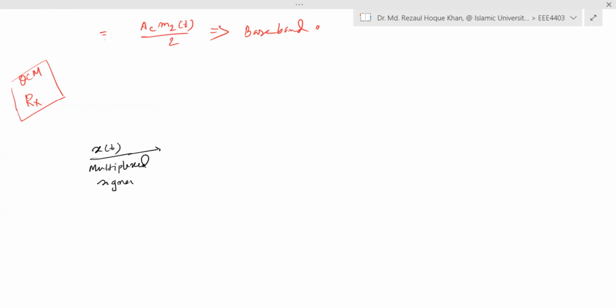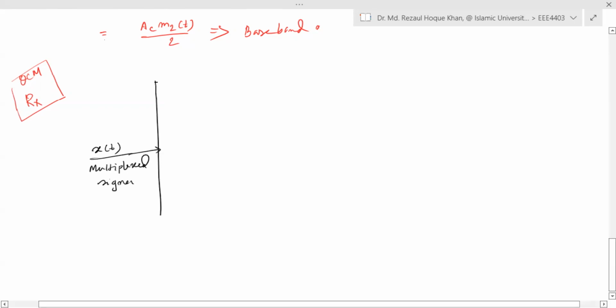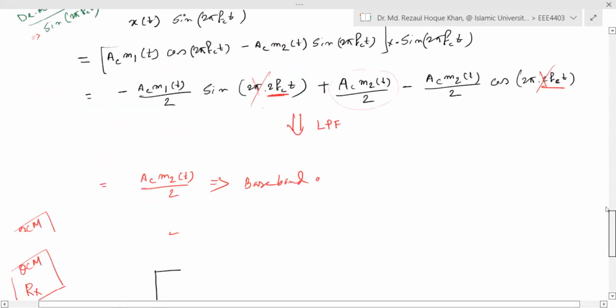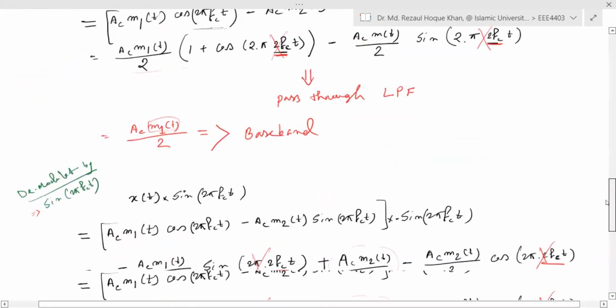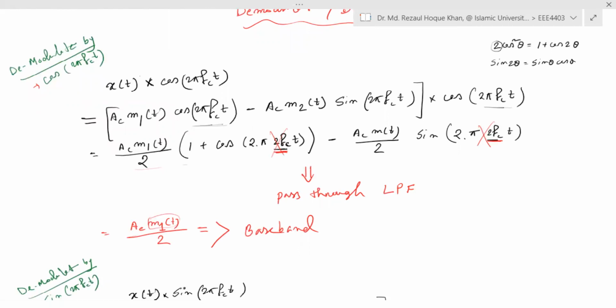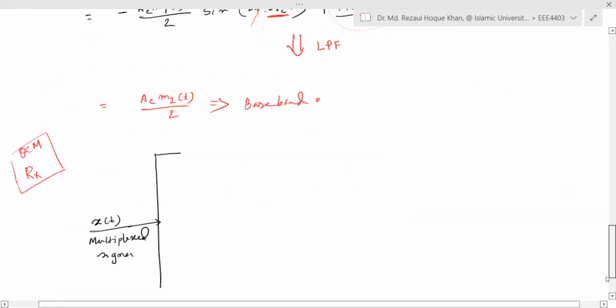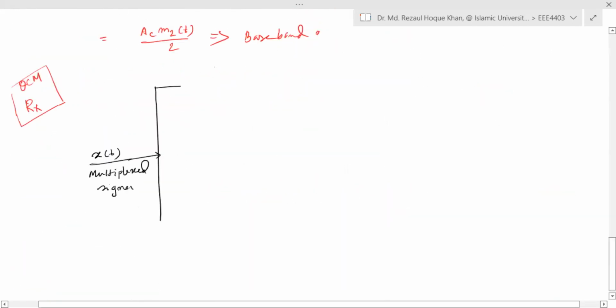This signal x(t) initially goes to two different product modulators. It is either modulated by this carrier or modulated by this other carrier. So it is modulated by two different carriers.